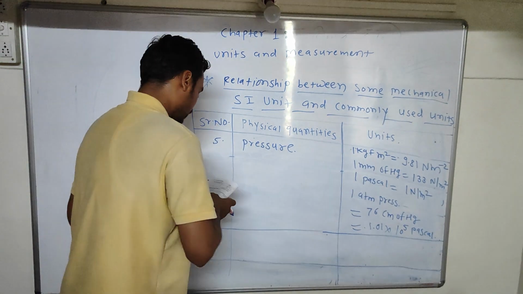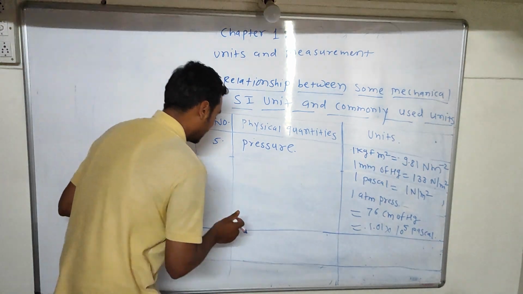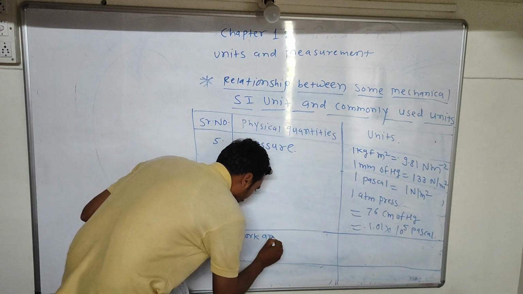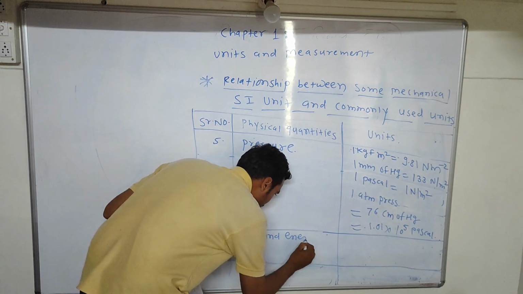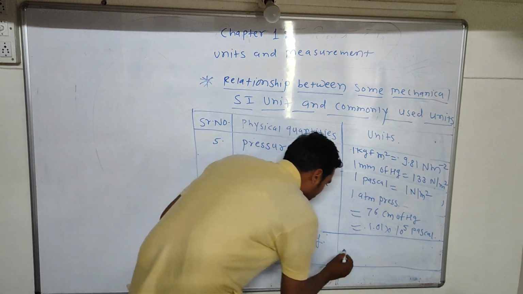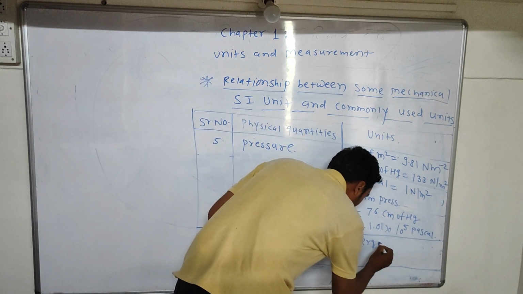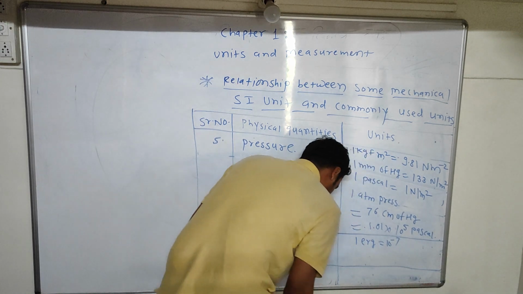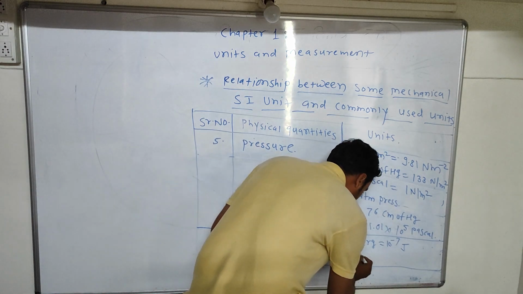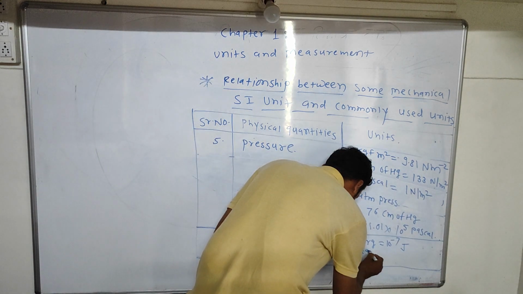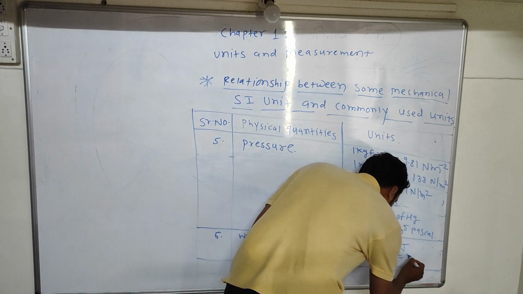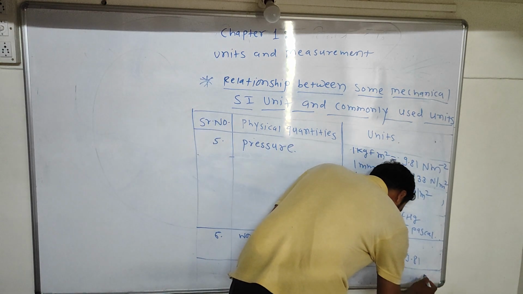Then we have to see another two physical quantities, that is work and energy, right? 1 erg is equal to 10 raised to minus 7 joule, right? Then 1 kgf meter is equal to 9.81 joule.